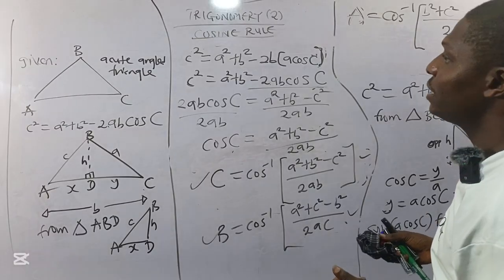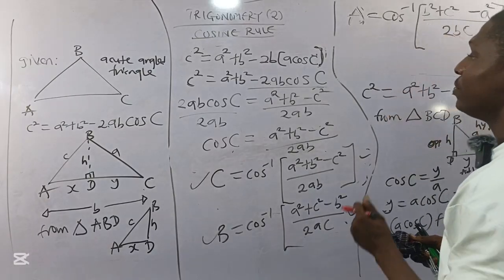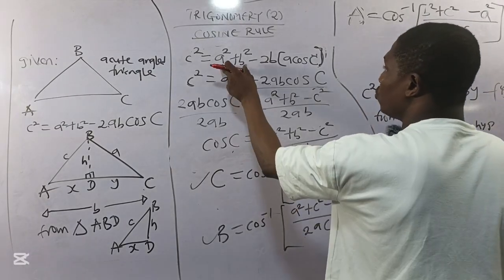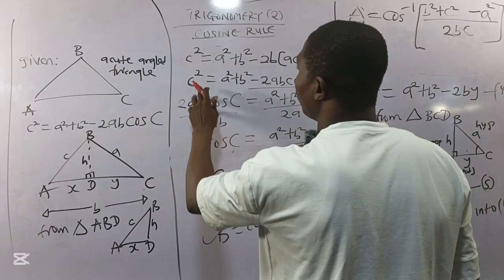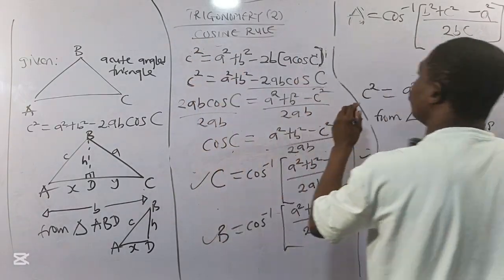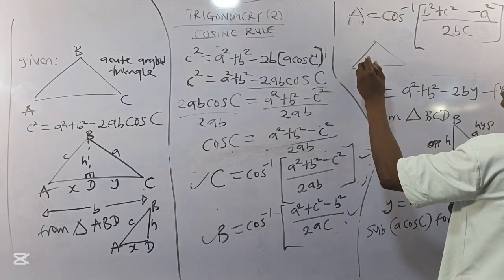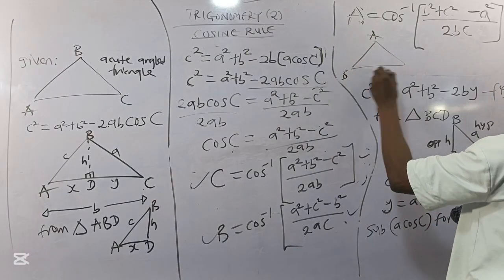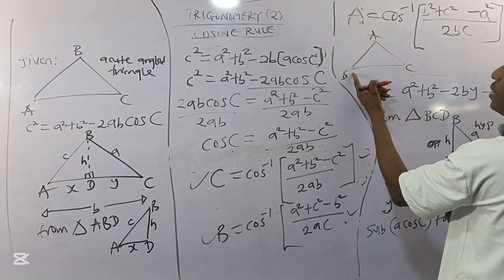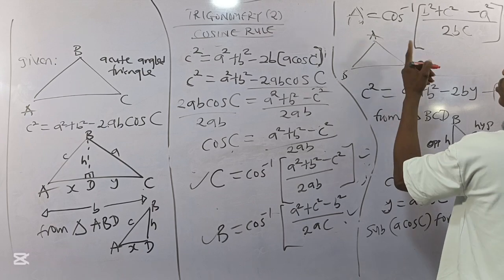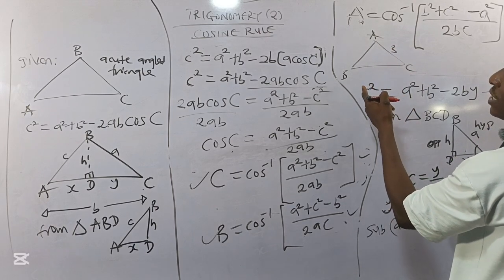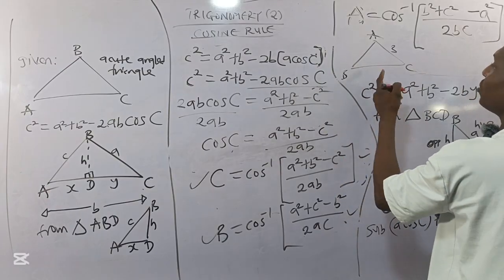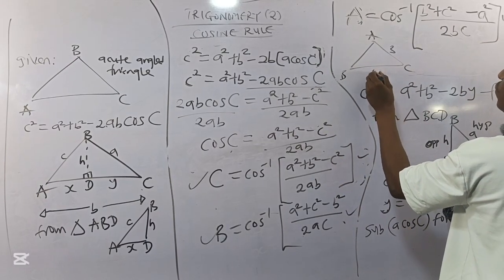And when two sides and the included angle are known, I will simply use C square. Included angle meaning I have something like this. This is my A, this is my B, this is my C. This must be my side B. So side B is given, let me say 3. Side A is also given, let me say 4.